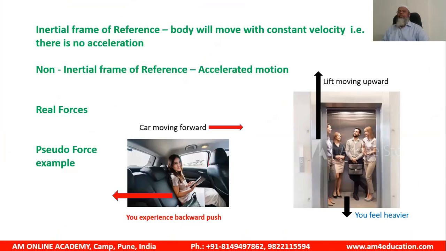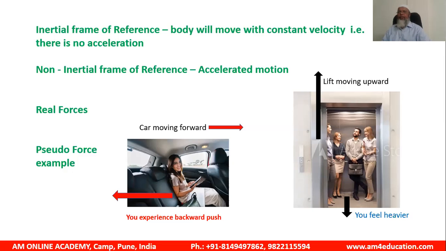Now let us see what is inertial frame of reference and non-inertial frame of reference. Say, for example, you are standing at a bus stand and the bus is moving. If you consider yourself stationary, then with respect to you the bus is moving forward.